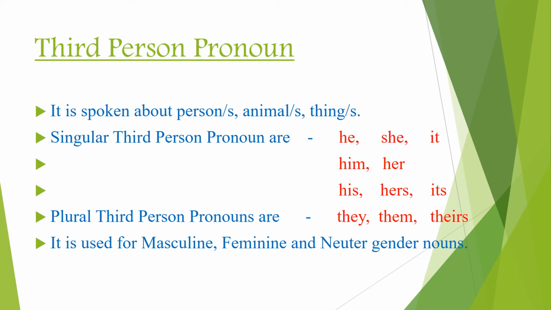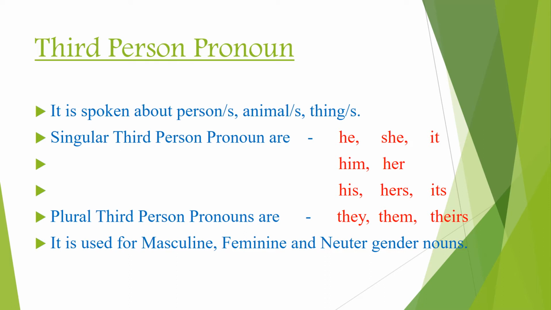Okay, now if the first person and second person are talking about third persons who are plural, then for plural third person pronouns we use they, them, or theirs.